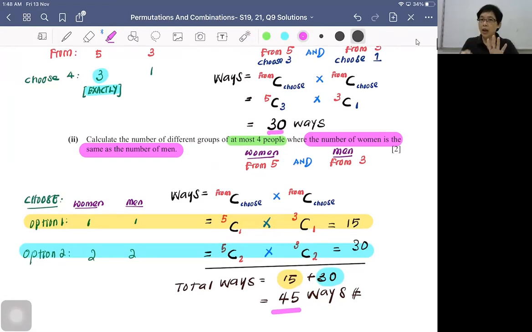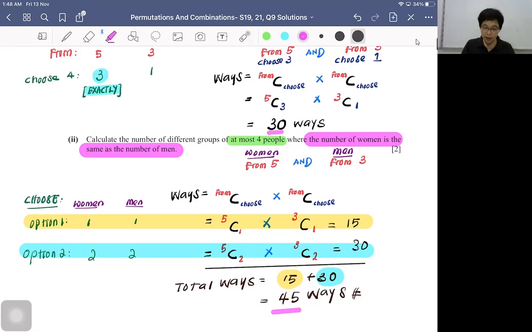And do they allow you to choose less than 4? Most certainly yes, because they say at most 4. As long as you don't exceed 4, you are still fulfilling their condition.